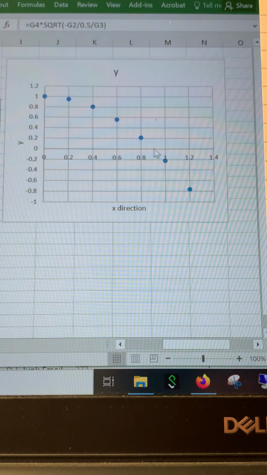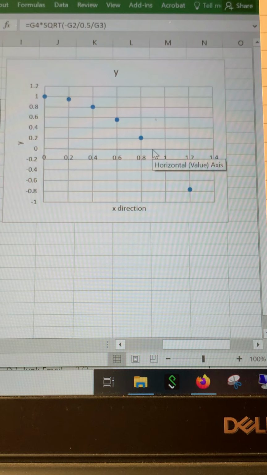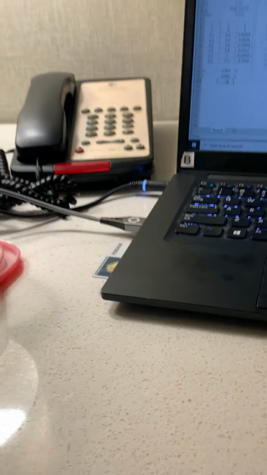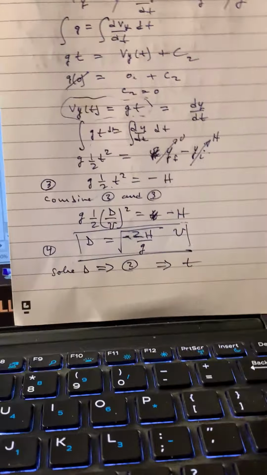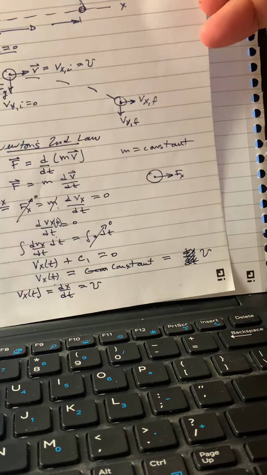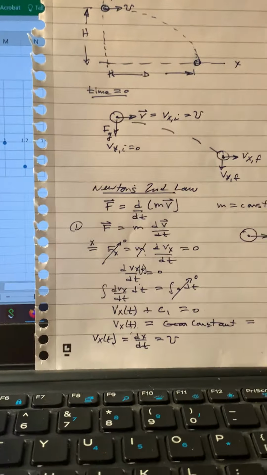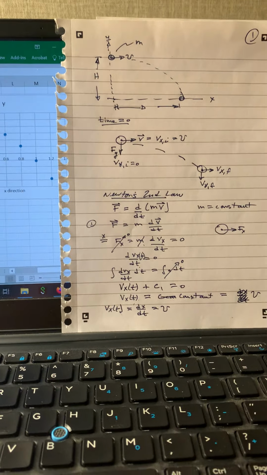X is somewhere right around 0.9, which is our solution. So that is the run through of the horizontal ball throwing. Hopefully that made sense.